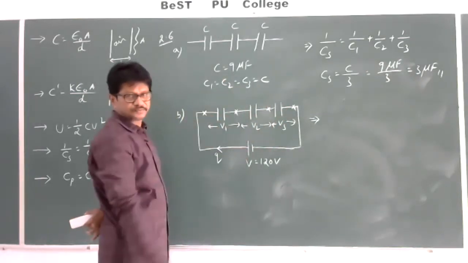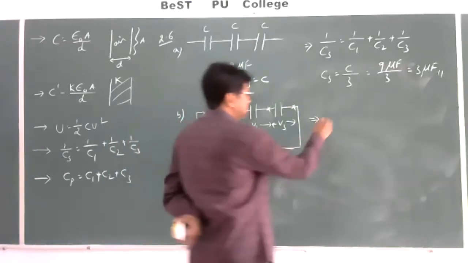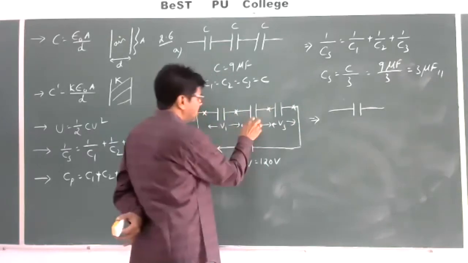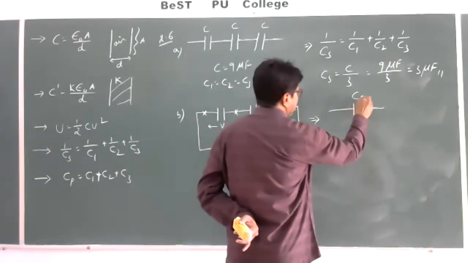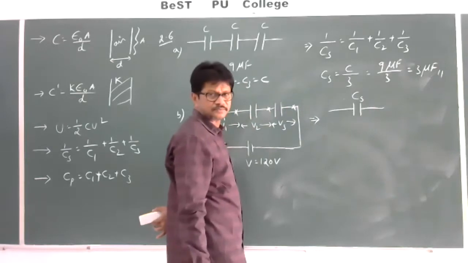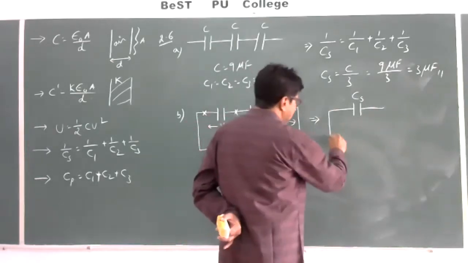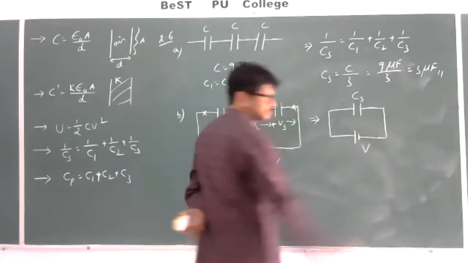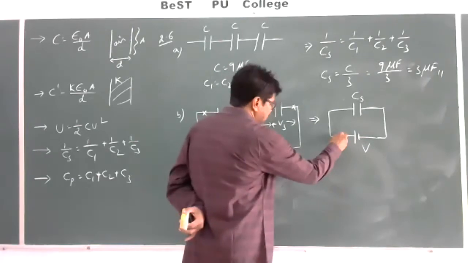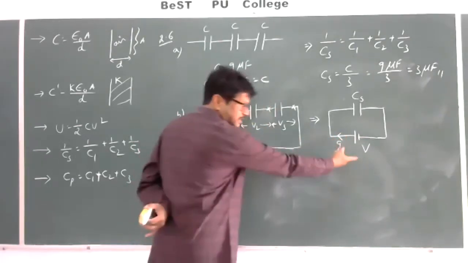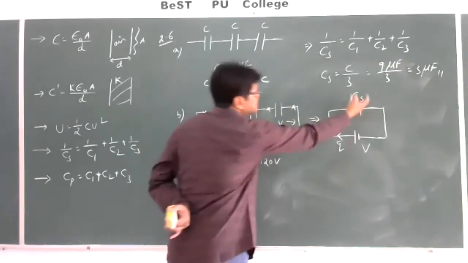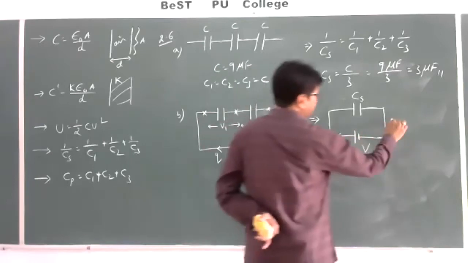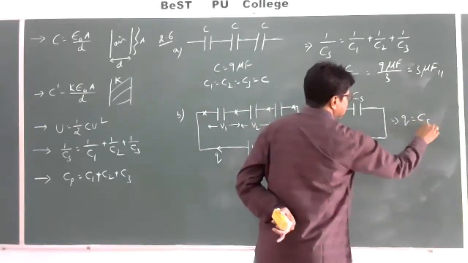So I will draw the same diagram, but instead of all three capacitors, I will take a single capacitor whose capacitance is Cs, connected to the source. From here the same charge will come, because the source is the same and the capacitance is the same. So I write Q is equal to Cs into V.